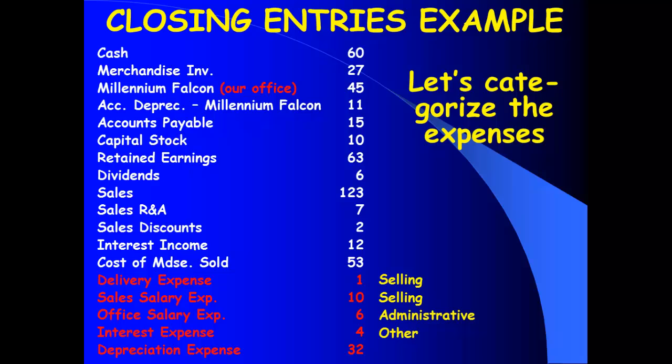Now, depreciation in and of itself, we really don't know, but I'm telling you, this is depreciation on the Millennium Falcon, and the Millennium Falcon is our office. So depreciation on my office, would that be selling, administrative, or other? Administrative. Had I told you that the Millennium Falcon was my store, then it would have been selling.